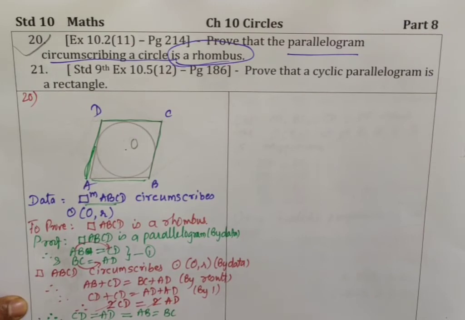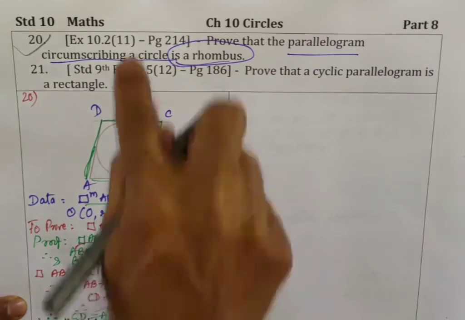That is, all sides of parallelogram ABCD are equal. Therefore, quadrilateral ABCD is a rhombus. Proved. Children, you will have to enter this in your notebook.